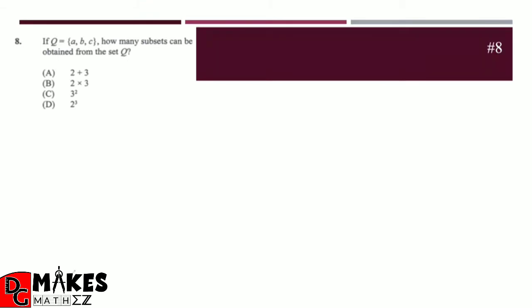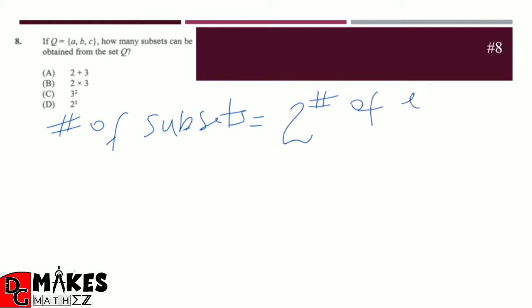And there is a formula. If you want to know the number of subsets, that's going to be equal to 2 raised to the power of the number of elements in the set.